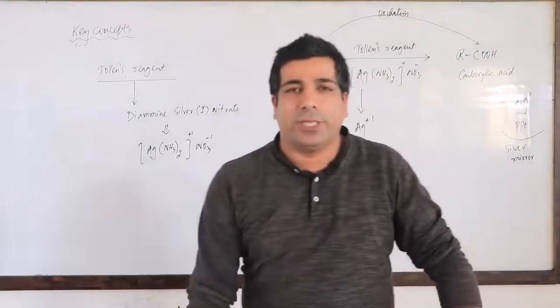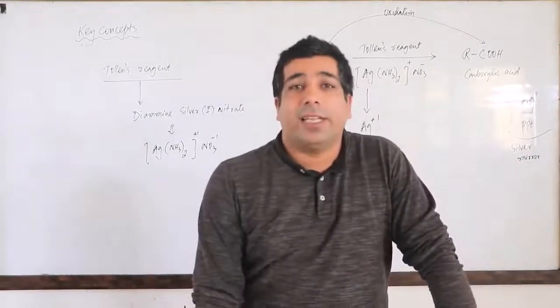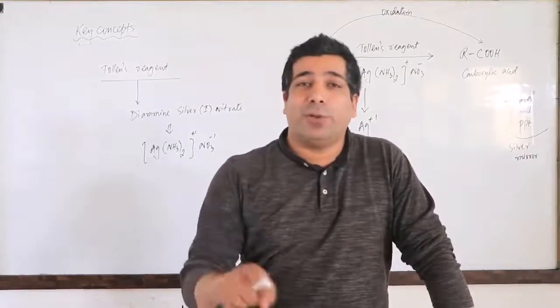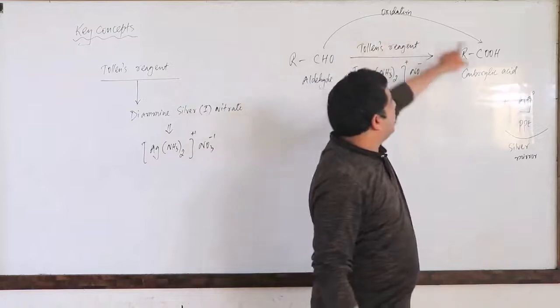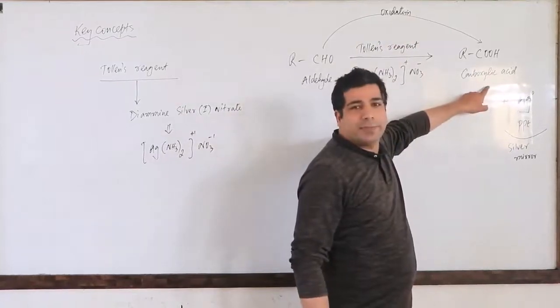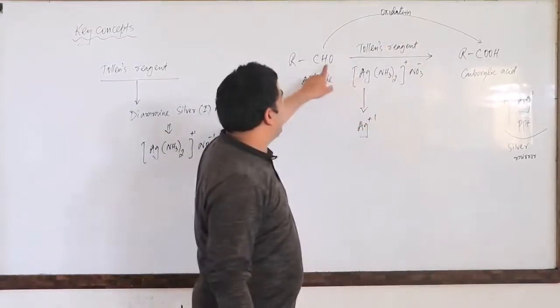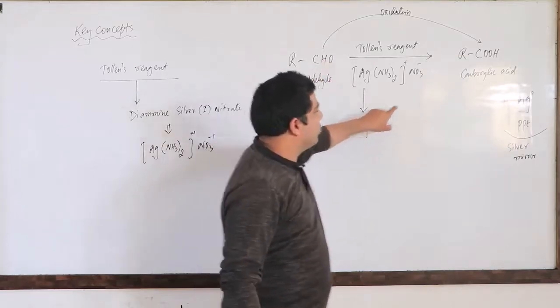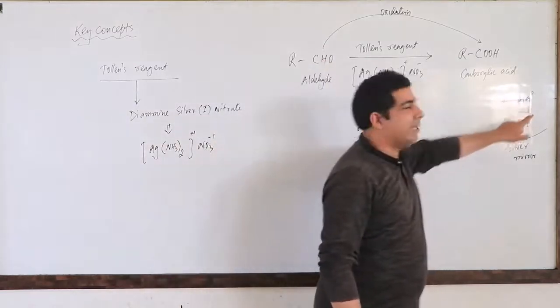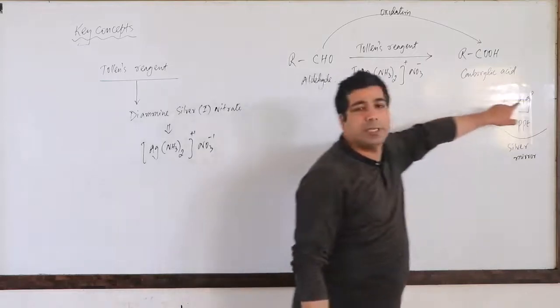Who has reduced the silver? The aldehyde. And what has happened to the aldehyde? The aldehyde has undergone oxidation and changed into carboxylic acid. Correct? But the aldehyde has reduced the silver from +1 to 0.